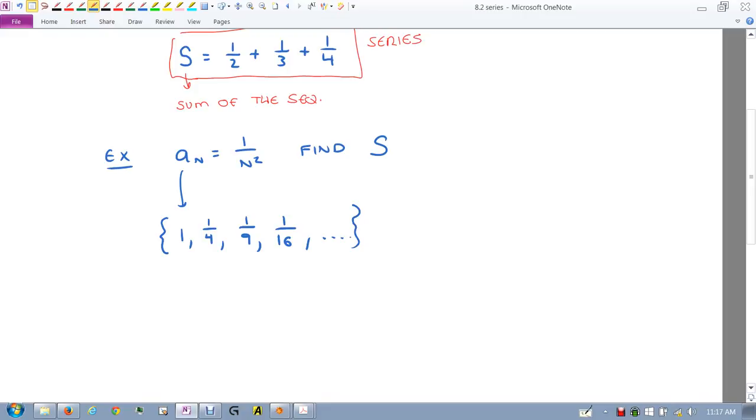The series for that sequence is just adding those up. And the problem is that it never stops, right? So how are you going to add an infinite number of things together? That's the dilemma.